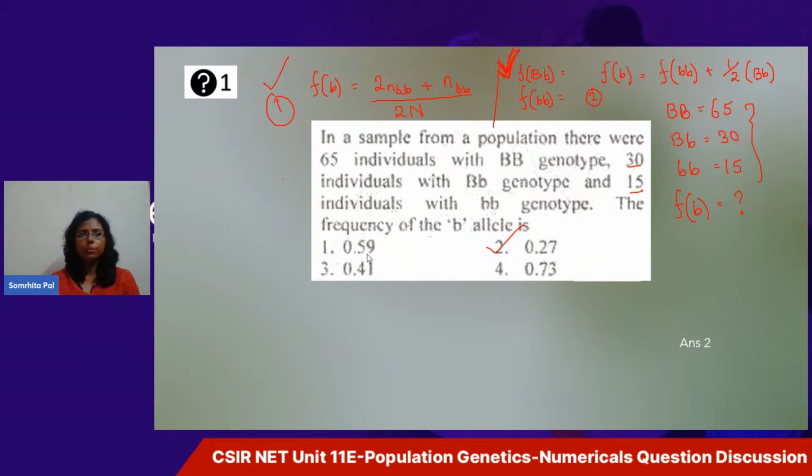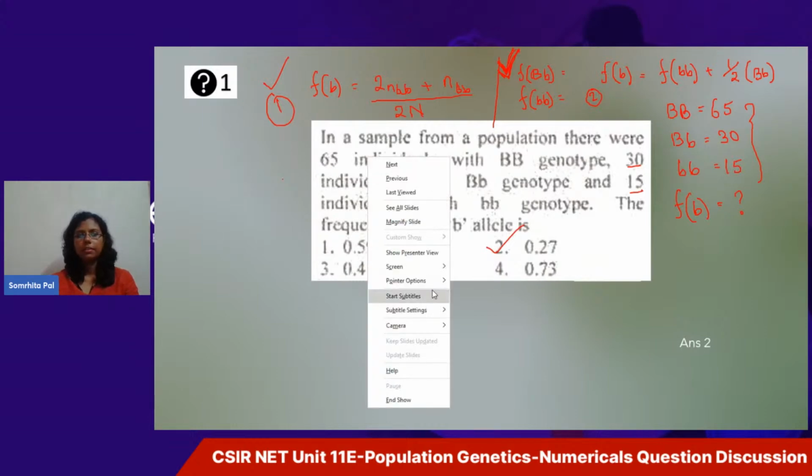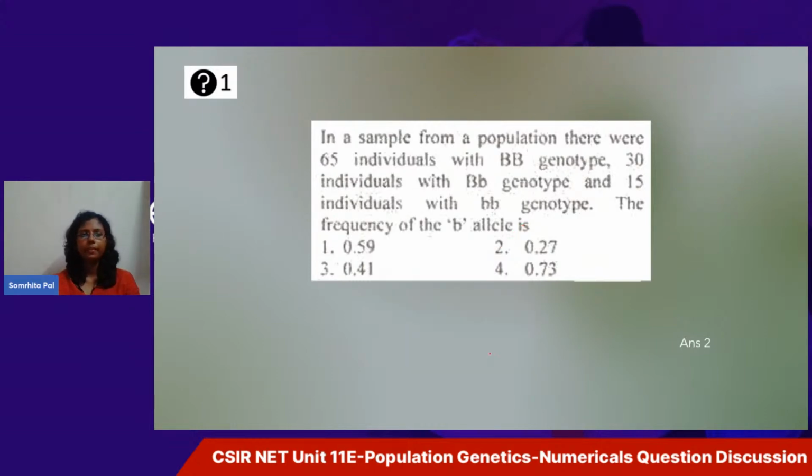So here what I will do is, I will first convert my heterozygous B into the frequency. The number has been given to me as 30. So 30 divided by total. So total will be 65 plus 30 plus 15.